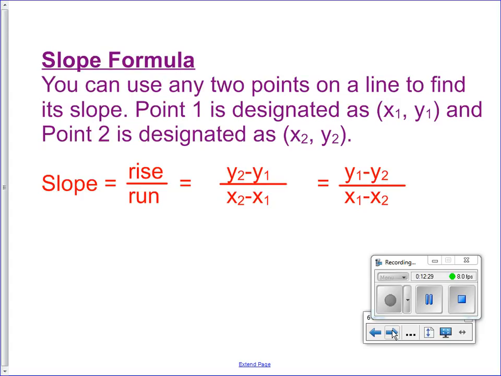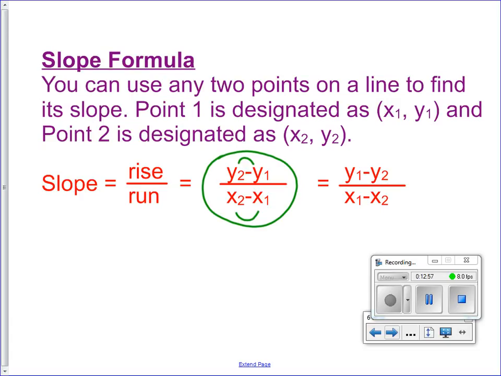Now, our slope, which is the rise or the change in the vertical distance over the run or the change in the horizontal distance, it doesn't matter. Your book shows this formula for finding slope. And all this is the change in the y's over the change in the x's of your 2 points.